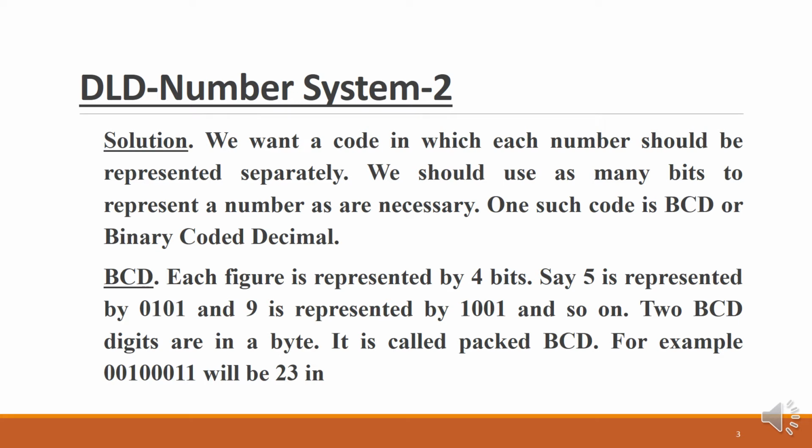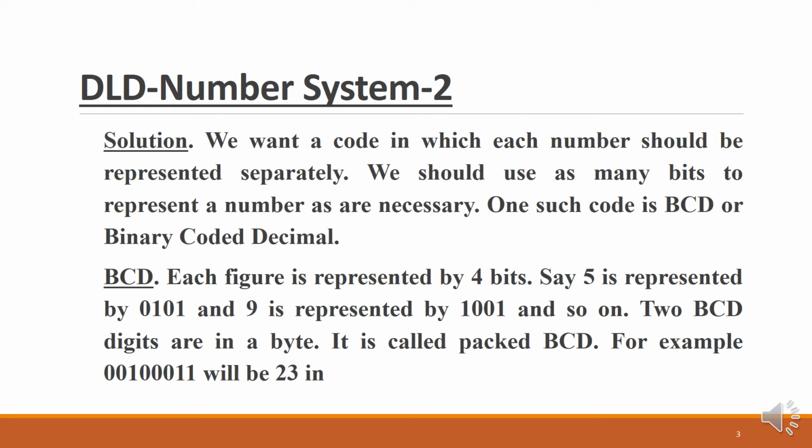Say for example, 5 is represented by 0101 and 9 is represented by 1001, and so on. So there are 2 BCD digits in a byte, because a byte has 8 bits and the BCD code has 4 bits. This is called packed BCD.